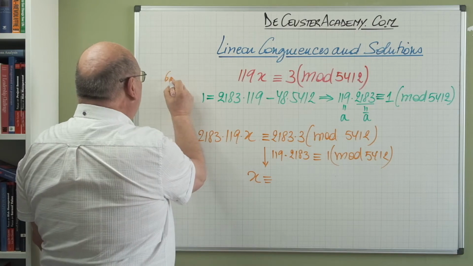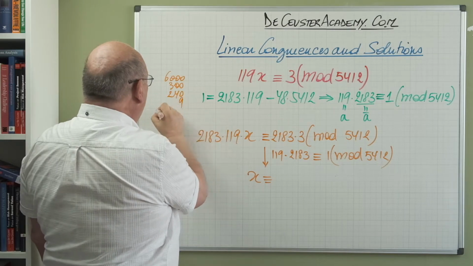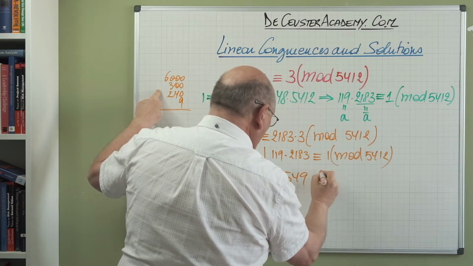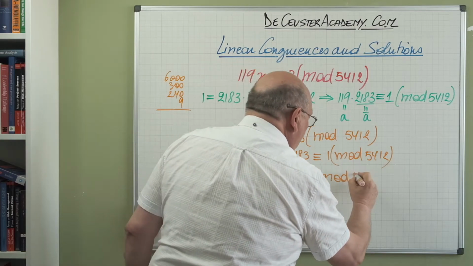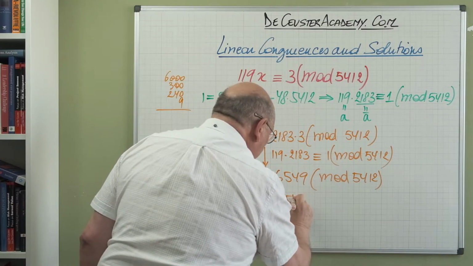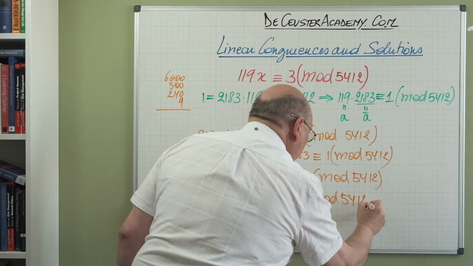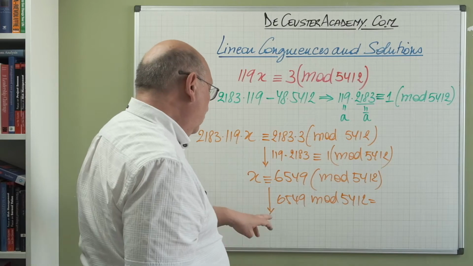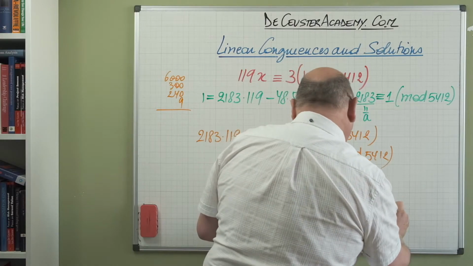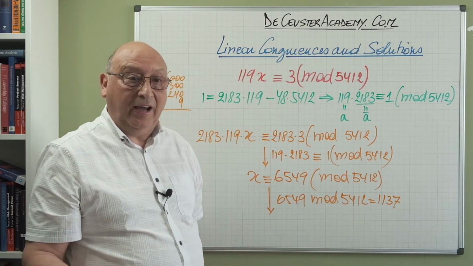I do the calculation quickly: 6,549 modulus 5412, and 6,549 modulus 5412 is equal to 1,137, if I'm right.